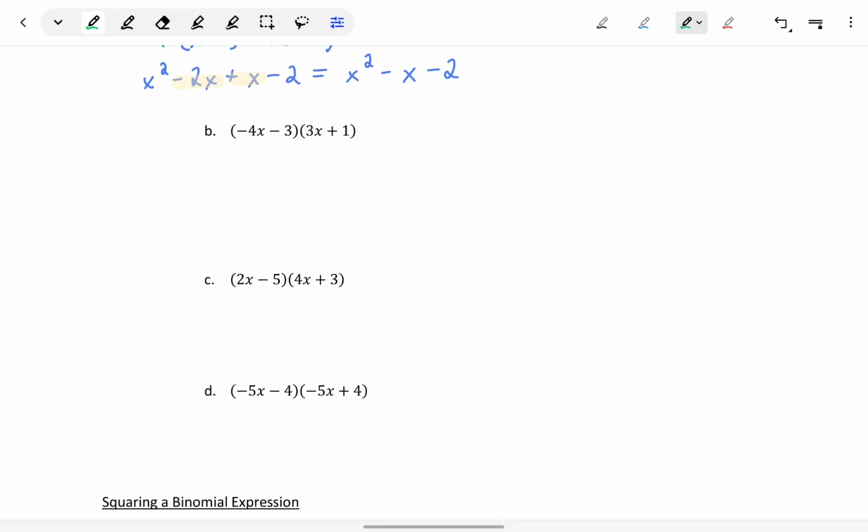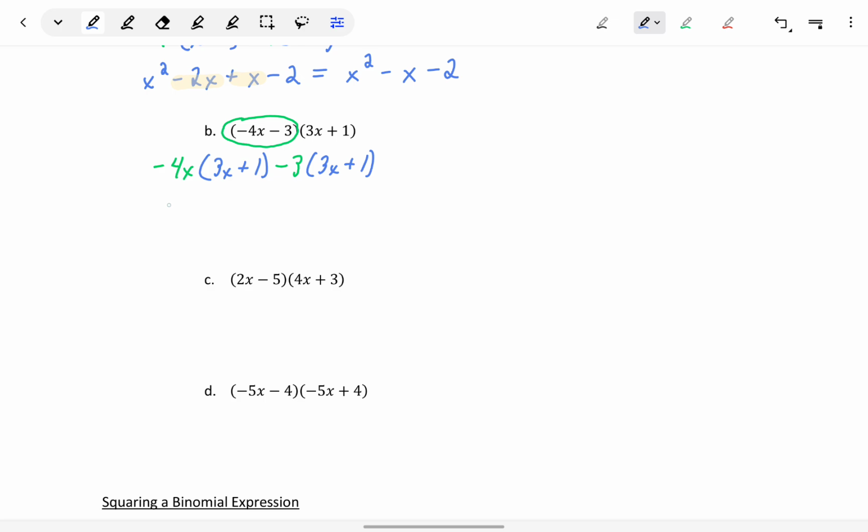But we're going to stick with this other method, where again, we'll look at this first binomial. We're going to start with that first term, minus 4x. We need to make sure it gets multiplied by every term in that second binomial. So we'll take negative 4x times the quantity 3x plus 1. And then we'll take that second term, minus 3, and make sure it also gets multiplied by each term in that second binomial.